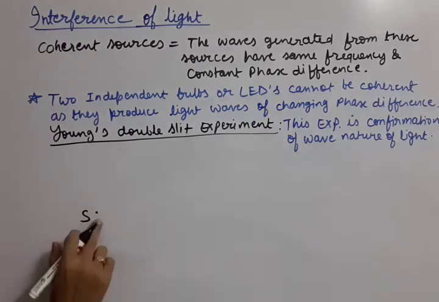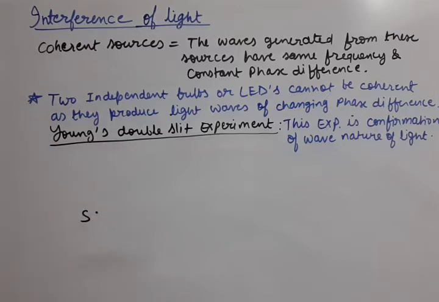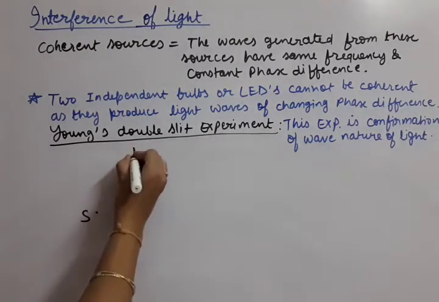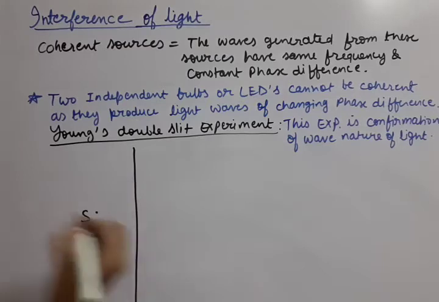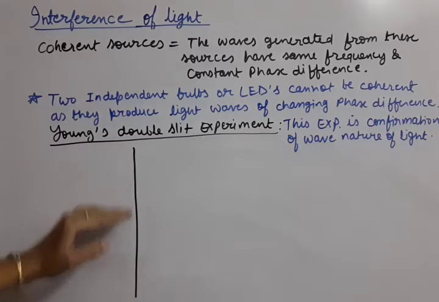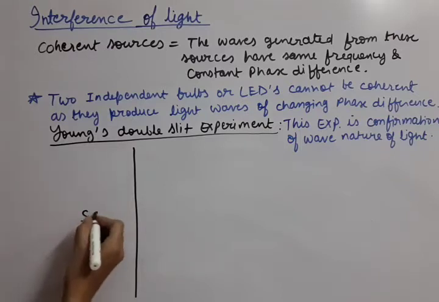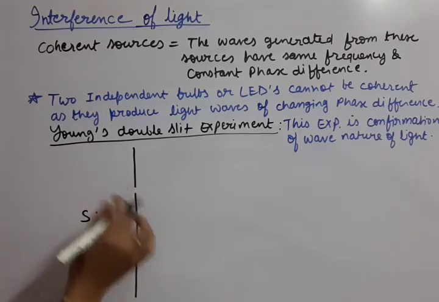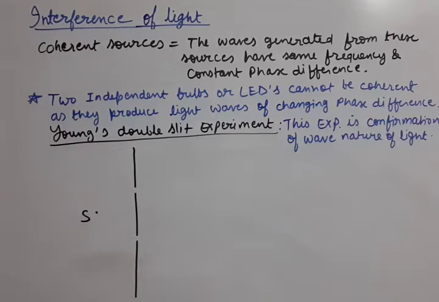Now from this single source we want to make two sources of light. So what was done? One cardboard was taken like this, and in this cardboard two holes were made at equal distance from the source. So if this is the source line, at equal distance two holes were made.